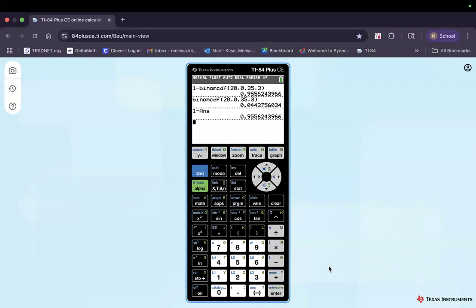I don't know if your calculator does it, but mine has a copy paste feature. I learned a couple of terms ago that not everybody's has that. But if yours has it, you're going to be fancy. I'm going to do it again, 1 minus. If yours can copy and paste, use these little arrows on the circle, and I can arrow up and highlight this value. And then I hit enter once I highlight it, and it pastes it in for me.